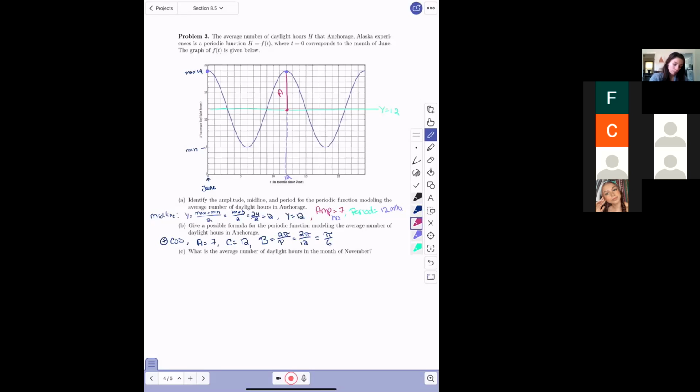So our formula is y equals 7 cosine of B, which is pi over 6 t, plus C, which is 12. Any questions there? Okay.